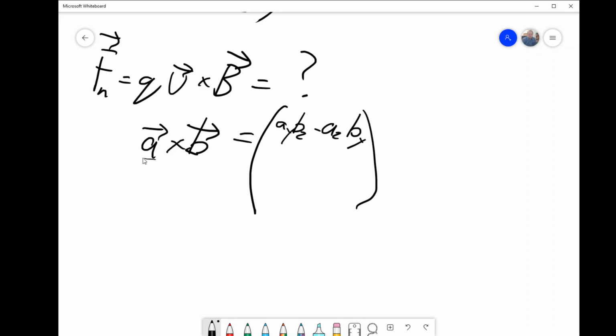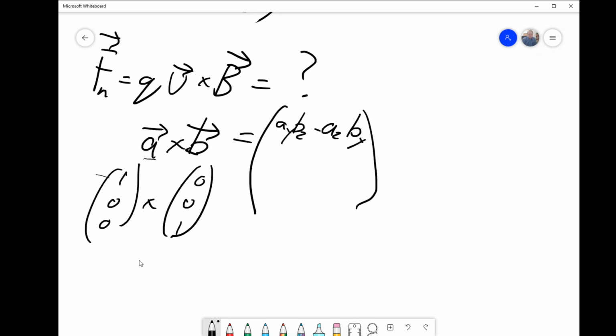If we have a 1, 0, 0 cross product with 0, 0, 1, well, if it's going to be perpendicular, we need to have either 0, 1, 0 or something. It doesn't necessarily need to be 1, but we need to make sure everything is in the y component if it's going to be perpendicular to both x and z.